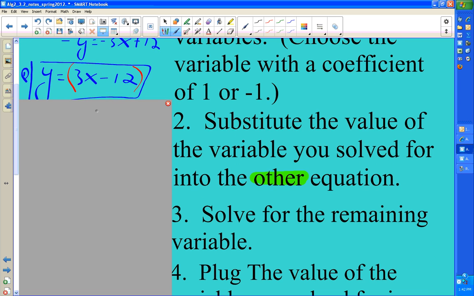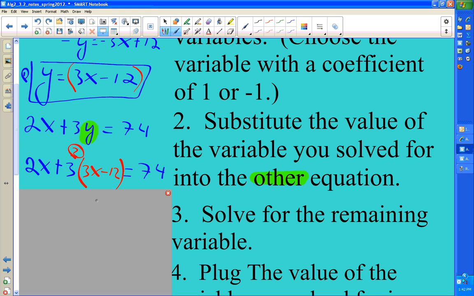So in the second equation, where the y is, I'm going to replace it with 3x minus 12, because that's what y is equivalent to. 3x minus 12. When you distribute the 3, don't forget the 12 has to be multiplied by this 3 also. We're going here and here to get 2x plus 9x minus 36.